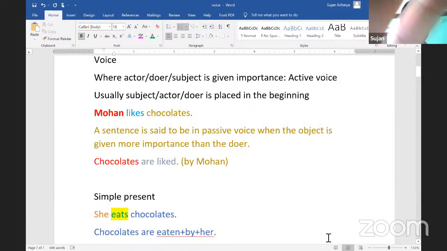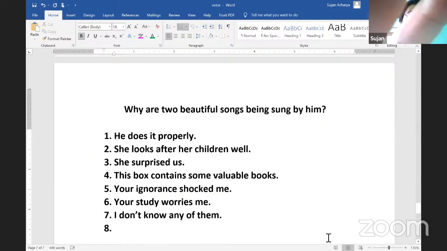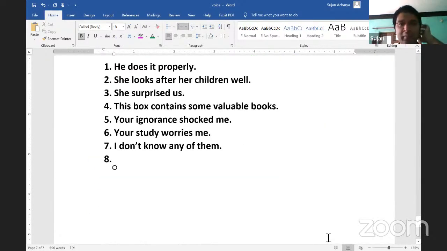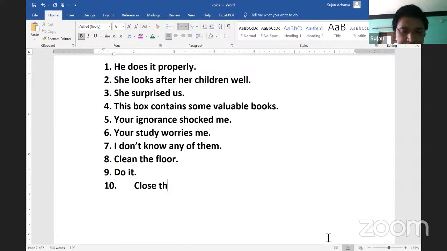All you need to revise is these sentences. Sentences that you have practiced are more important. Next, I don't know any of them. Next, clean the floor, do it. Close the door. Please help me.